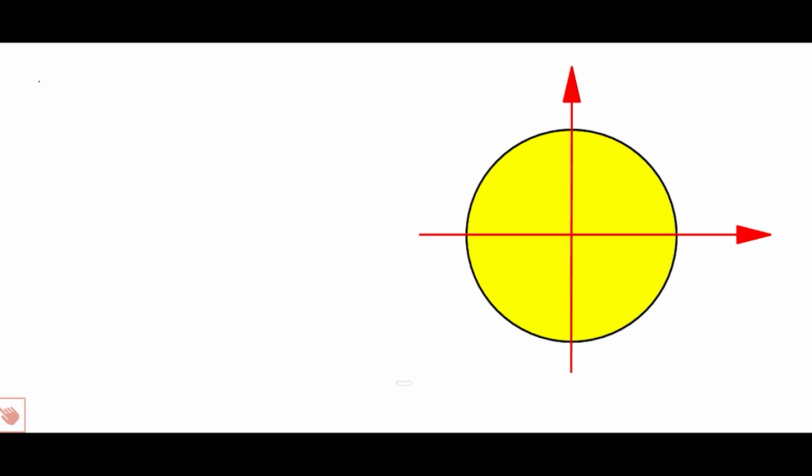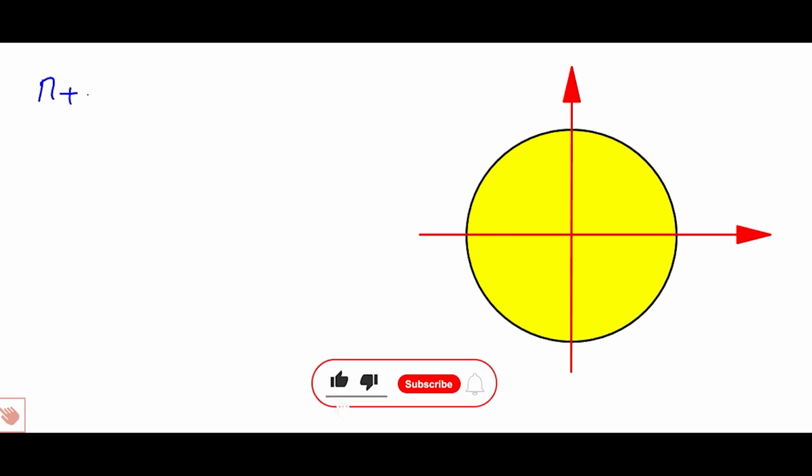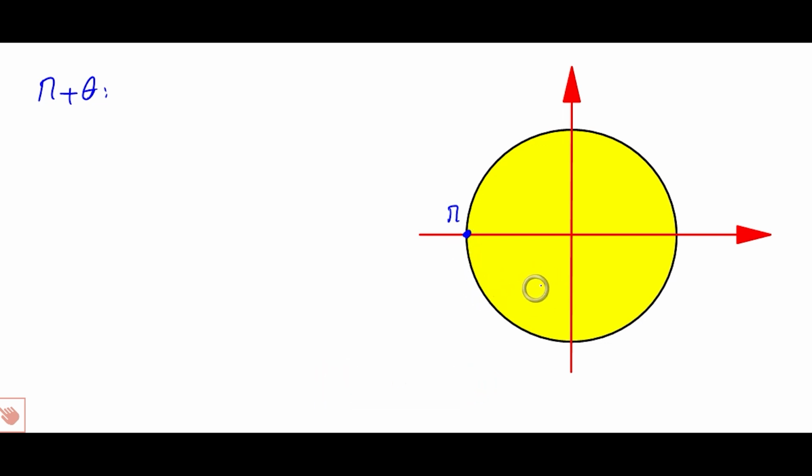Now let's move on. Pi plus theta. Here is the pi. So pi plus theta falls in the third quadrant, like here. Pi plus theta.